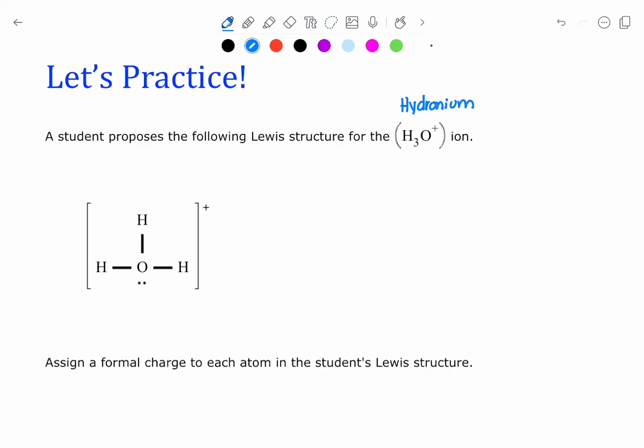Our hydrogens are all the same, so if we find the formal charge of one, we know the formal charge of all of them. Hydrogen has 1 valence electron. It has no lone pairs.